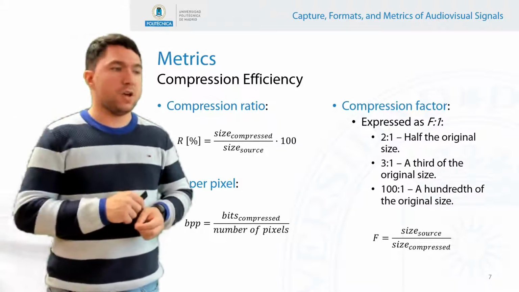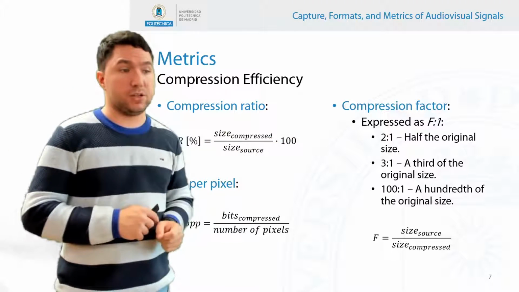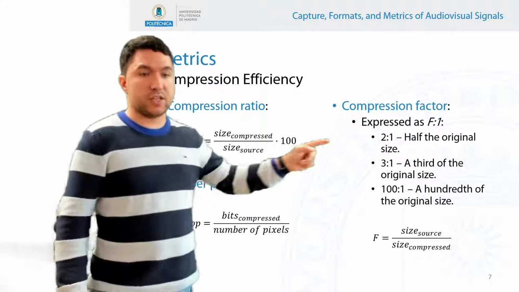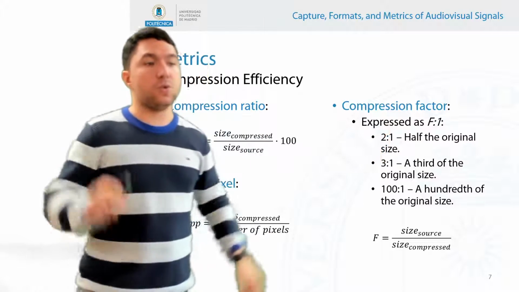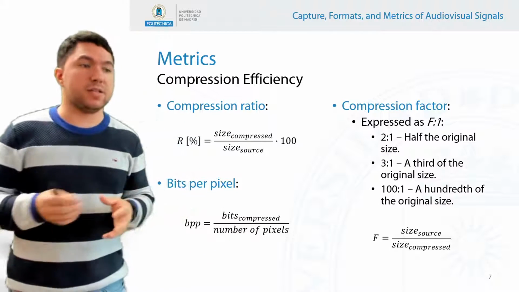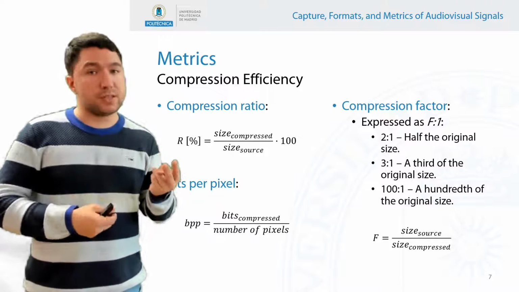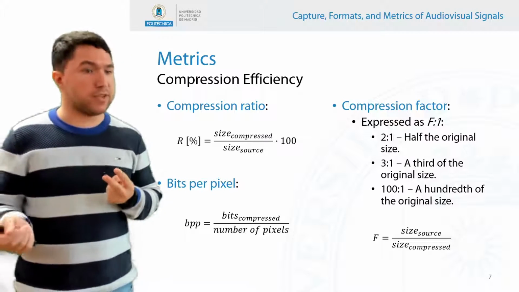And finally, also very related to the compression ratio, we have the compression factor, which is expressed as f to 1. For instance, 2 to 1 means that 2 bits in the original signal only need 1 bit in the compressed signal.